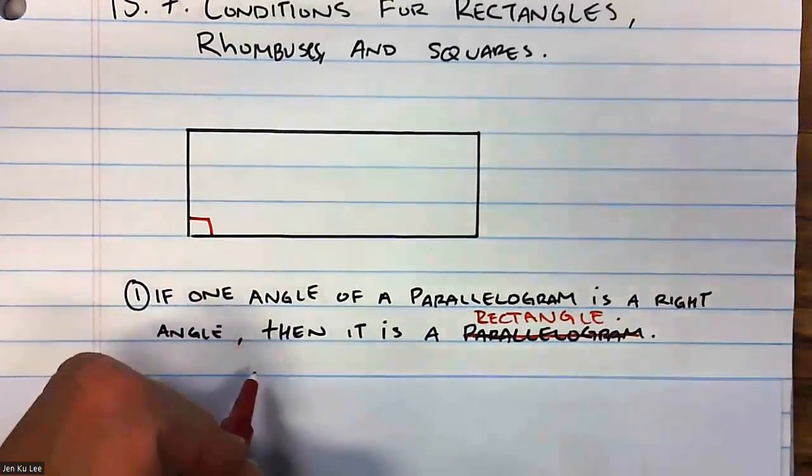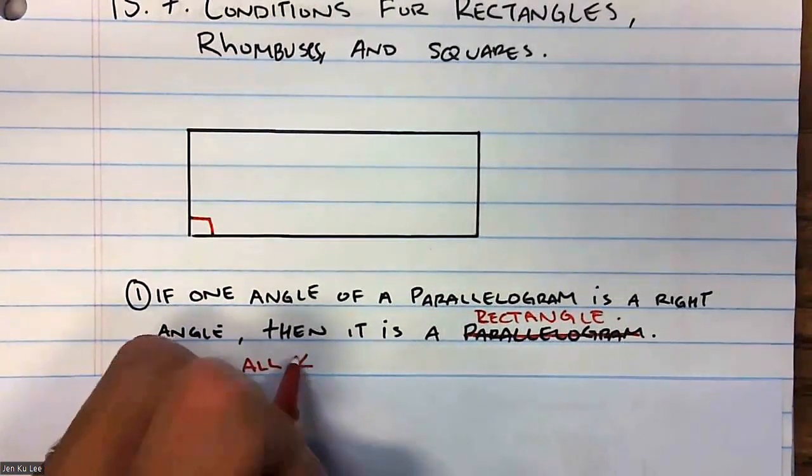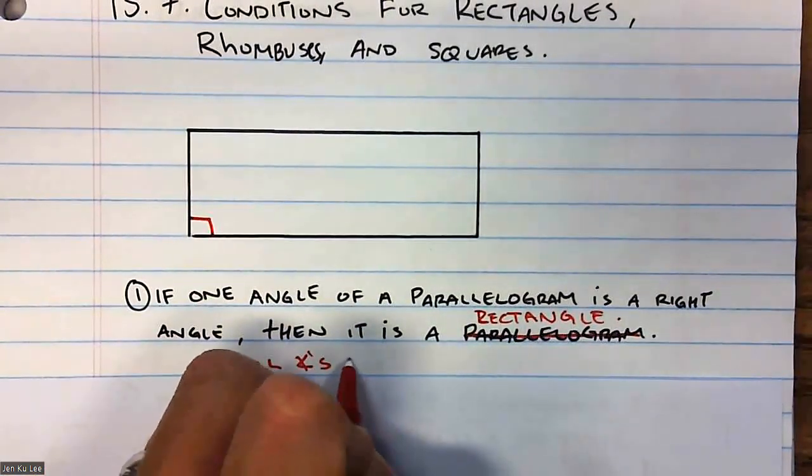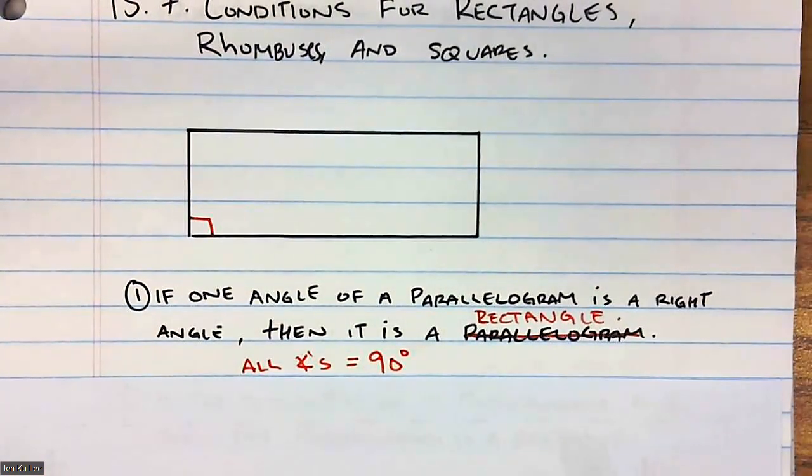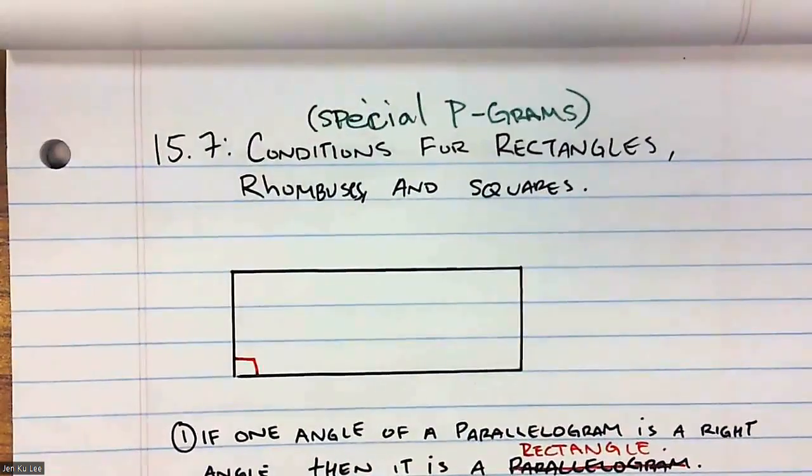So all angles are equal to 90 degrees. That is the trait that it has, right?